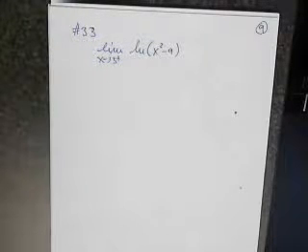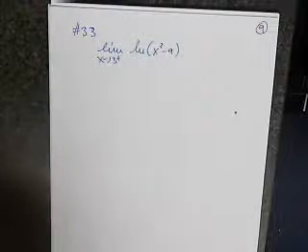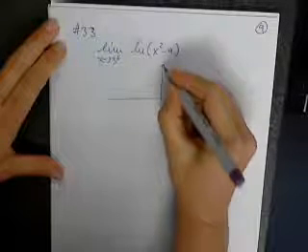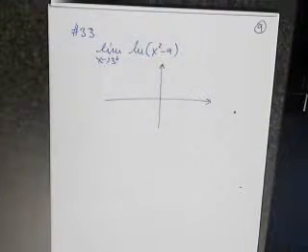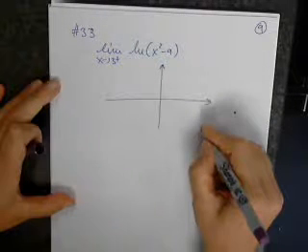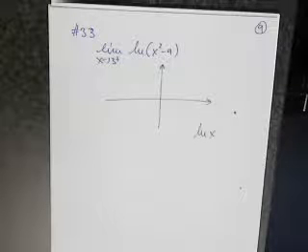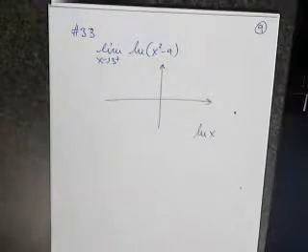Now we have to remember how to graph natural log. How do we graph natural log x? We cannot forget this function. It's a very, very important function. And here is its graph.